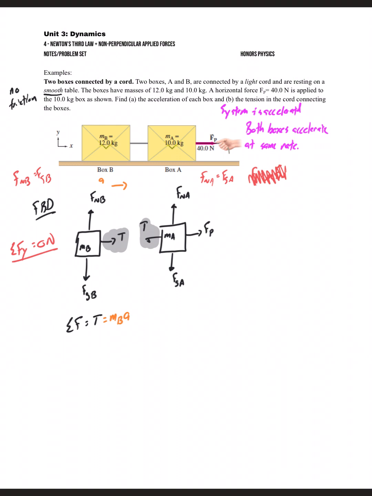For the other one, the net force is created by the interaction of the pulling force pointing to the right minus the tension pointing to the left, and it is mass A times a, the acceleration there. Once again, both of these accelerations are pointing to the right.